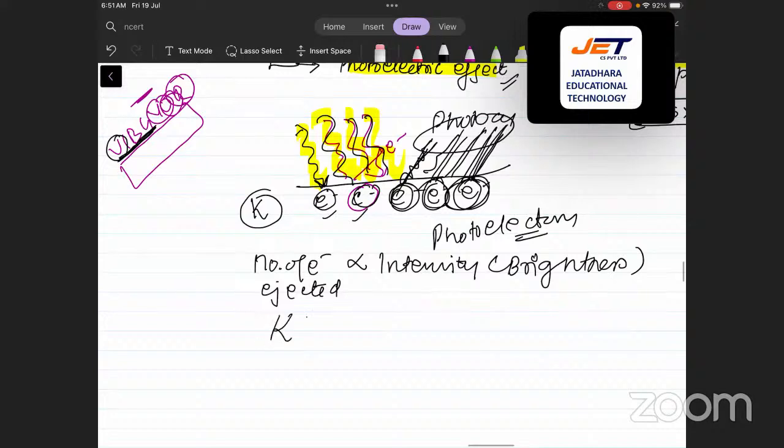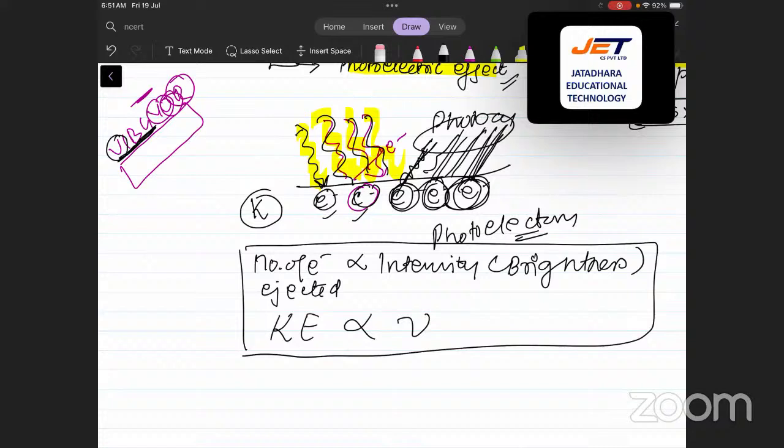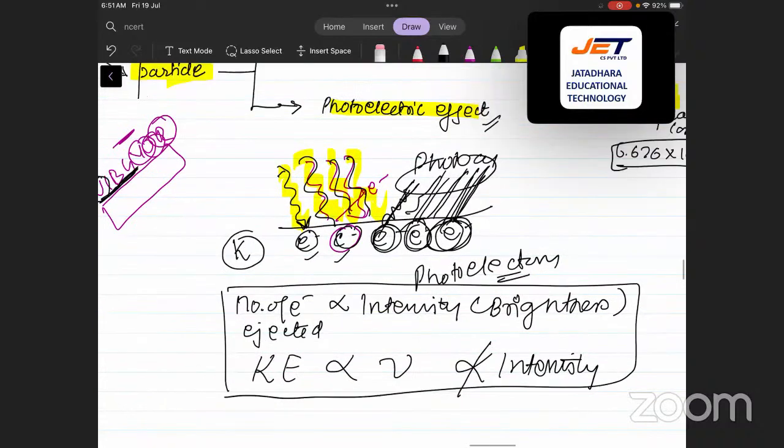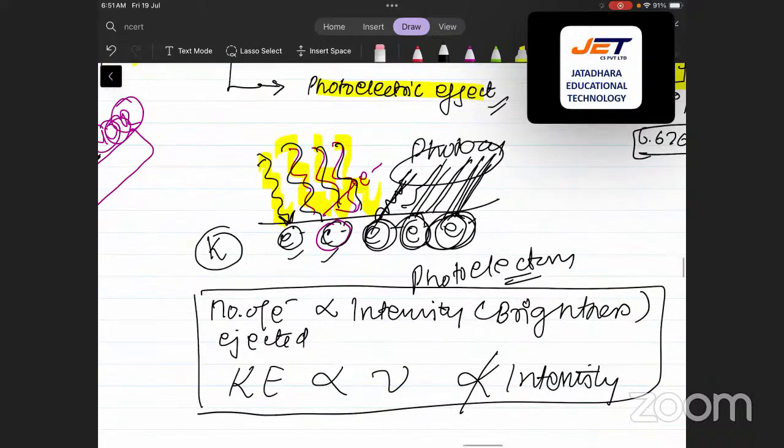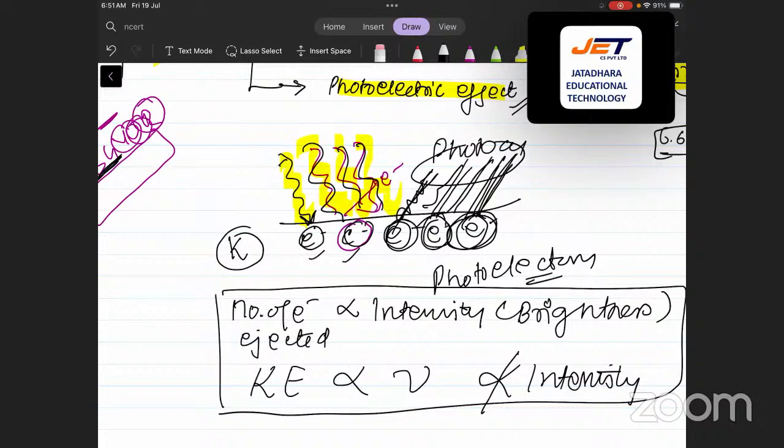So from that he concluded that kinetic energy is proportional to the frequency, but it is not proportional to the intensity. Whether I increase or decrease the intensity, if we are not providing the minimum frequency required for the ejection of electrons, then no photoelectrons will be emitted from the metal surface.